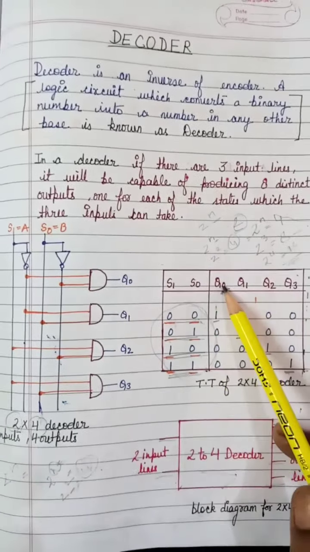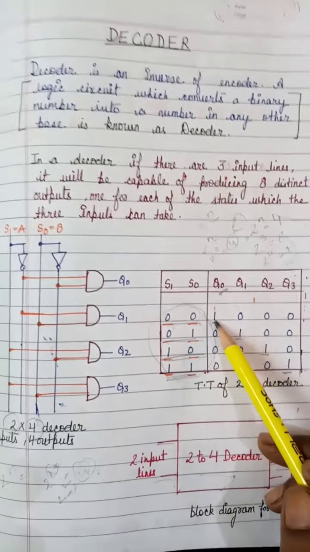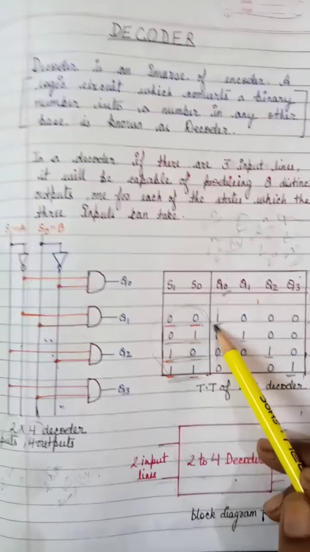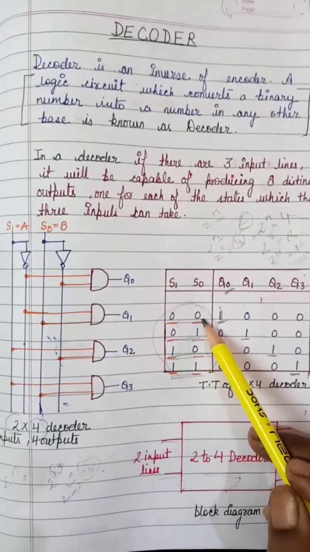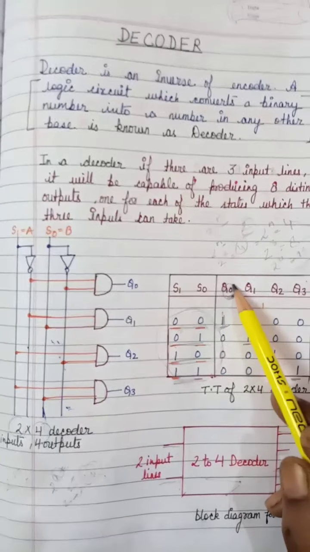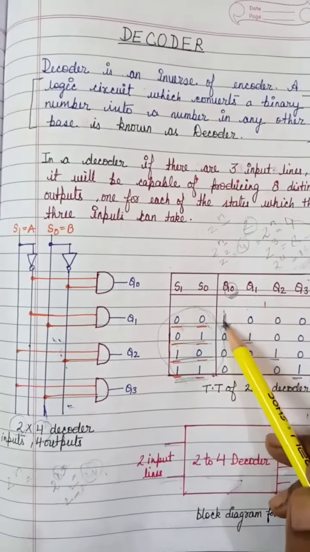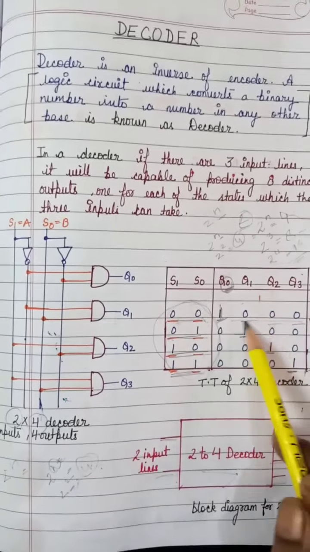So, in the column of this output line Q0, there will be high value. We'll get 1 over here, as this is the binary equivalent of 0, and the rest of the values will be 0.